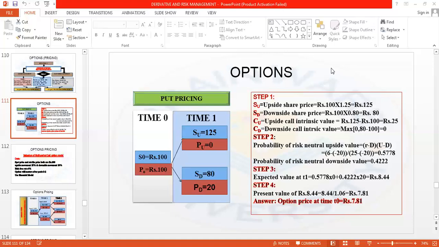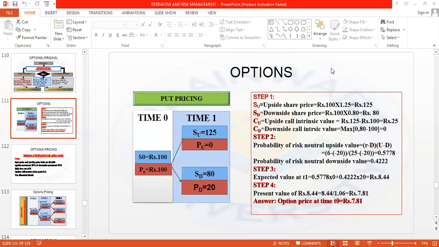So we will see in this particular problem how the concept of binomial tree is equally effective in calculating the premium of the put. So let us see how it is possible.